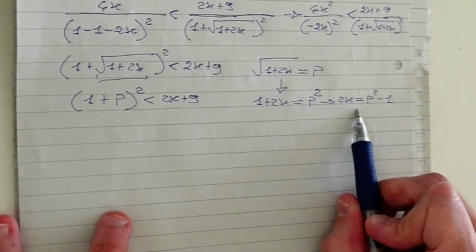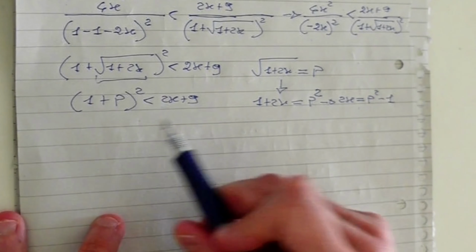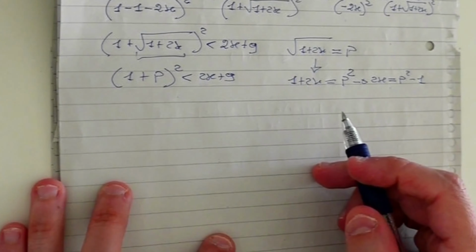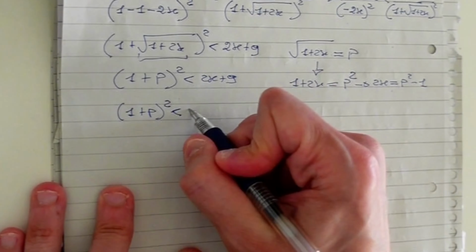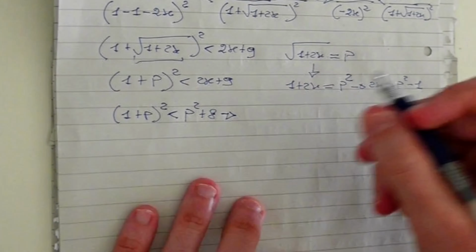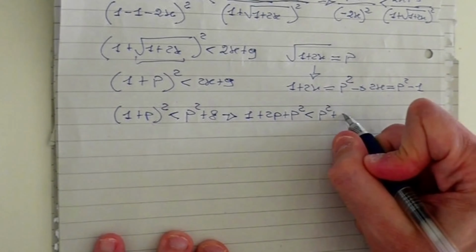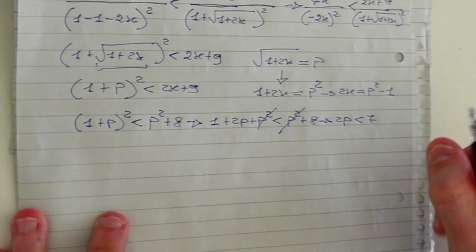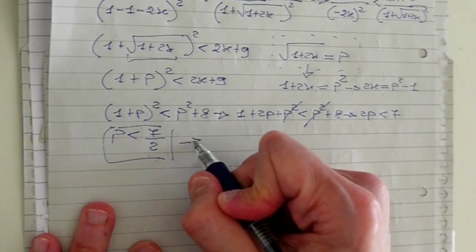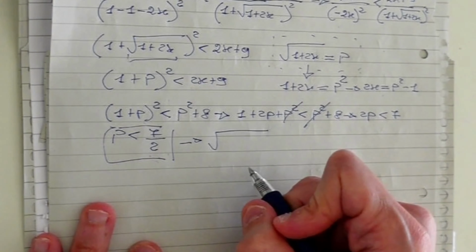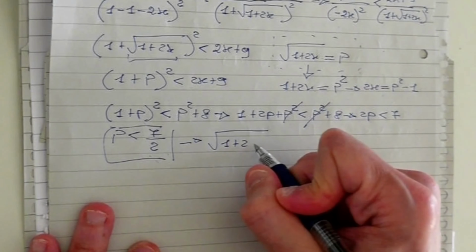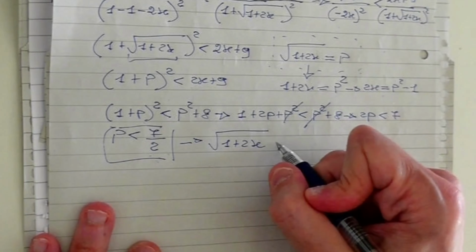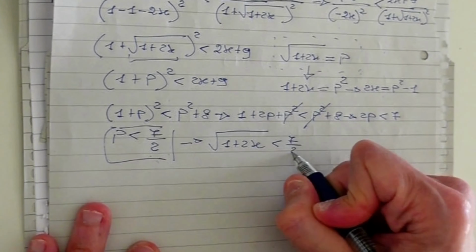Okay, so we plug this into this inequality, and we have what? This implies what? 1 plus 2x, again, must be less than 7/2.